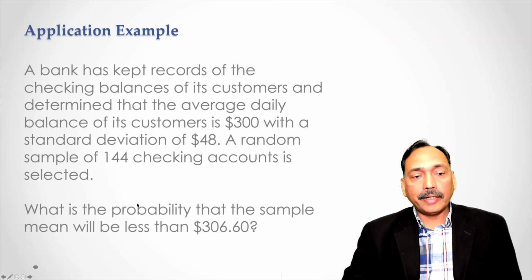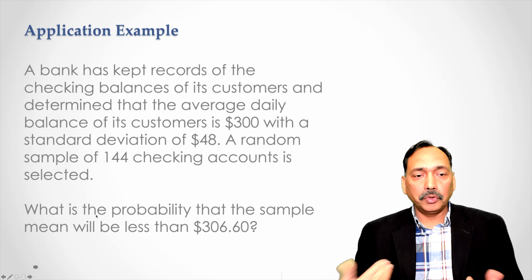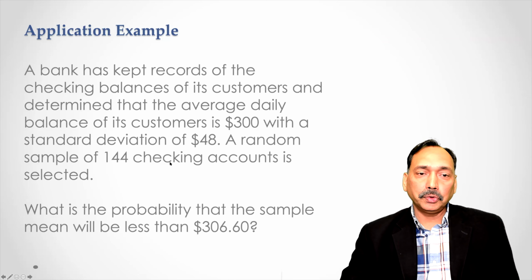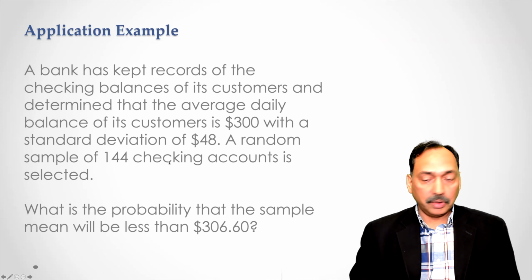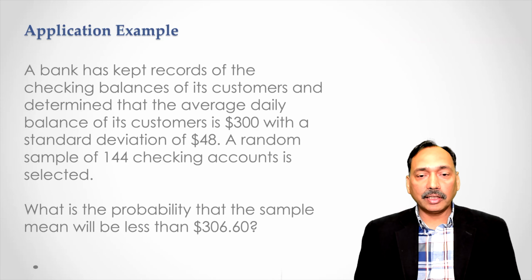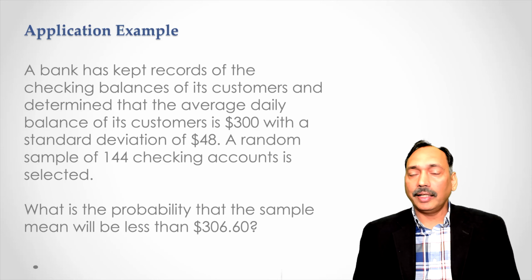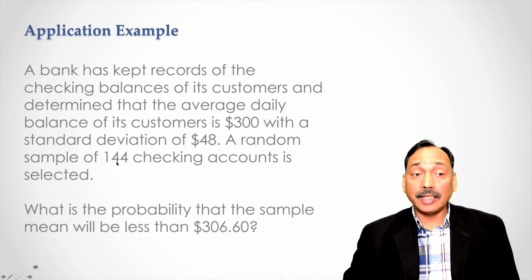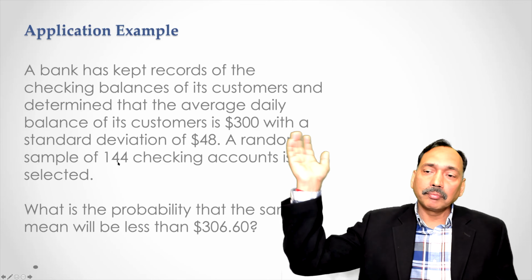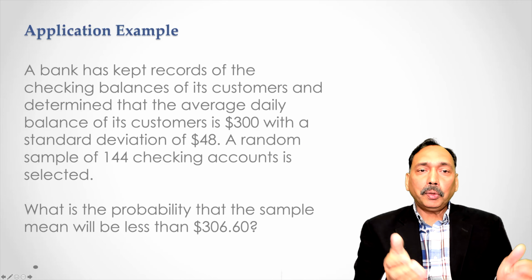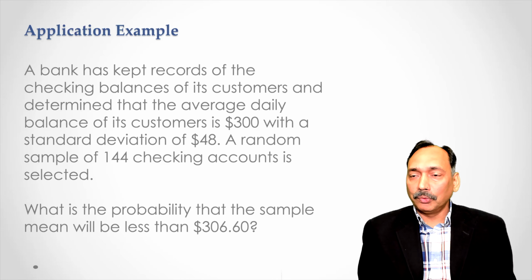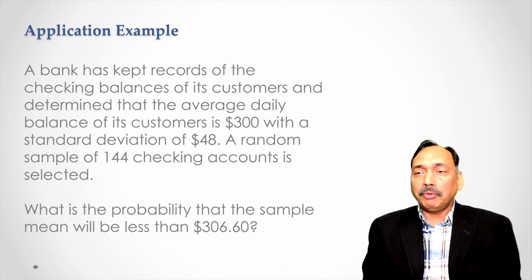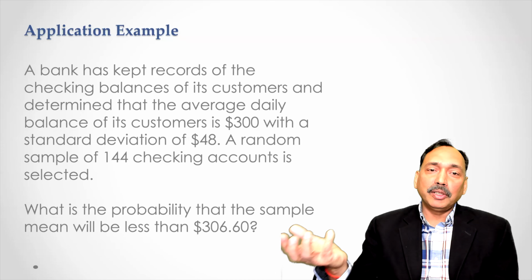So whenever you try to answer these kinds of questions, you have to remember that when we are talking about sample mean, and especially the sample size is now 144, much higher than 30, you don't have to assume anything now. You don't have to assume that the original distribution has to be normal.